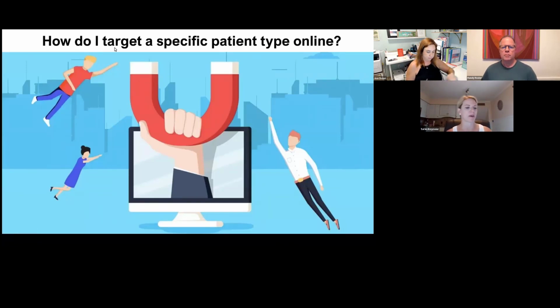It doesn't mean you only have to see diabetics. It doesn't mean you only have to see children or sports med. But I think it is really advantageous, or it would behoove you to spend your marketing dollars to target, because then you can really create a very specific message. And I think the tracking and determining if you met your goal is much more realistic than just throwing out a wide net.